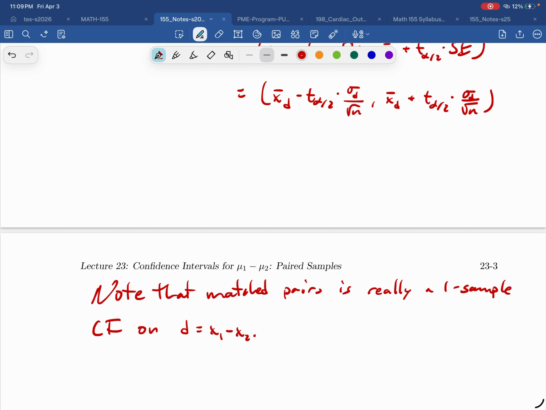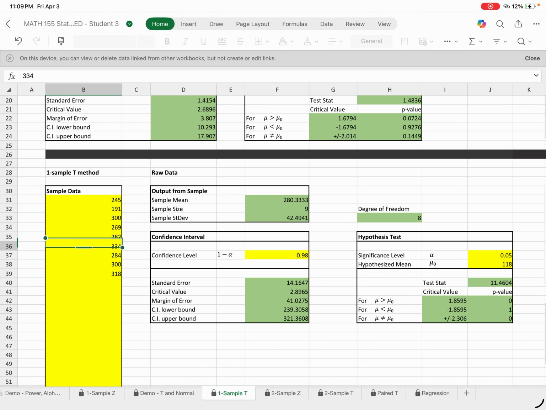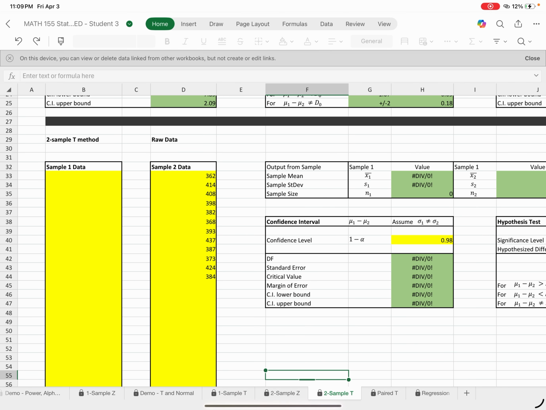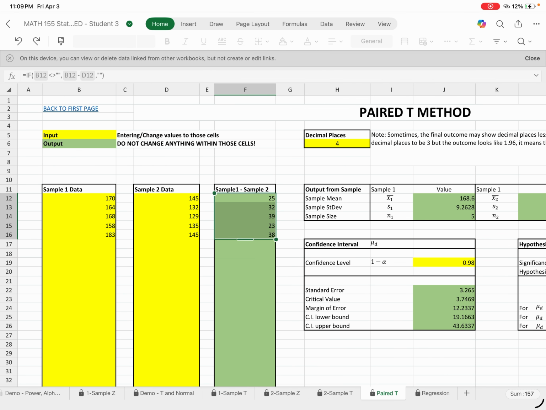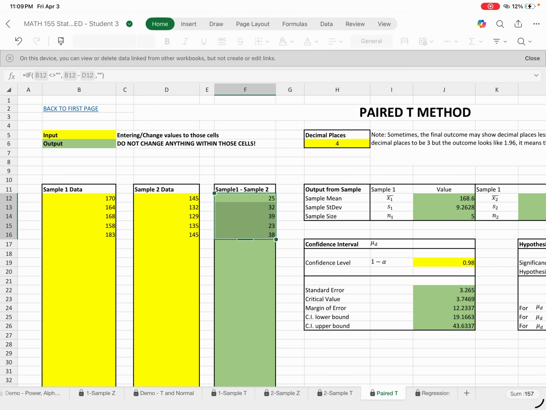Right, and what I mean by that is if we go back here and see if it lets us copy this data, and we go to one sample t. Oh, it's not going to let us do it. Okay. If we just remember the numbers: 25, 32, 39. 25, 32, 39. And then we had 23, 38.